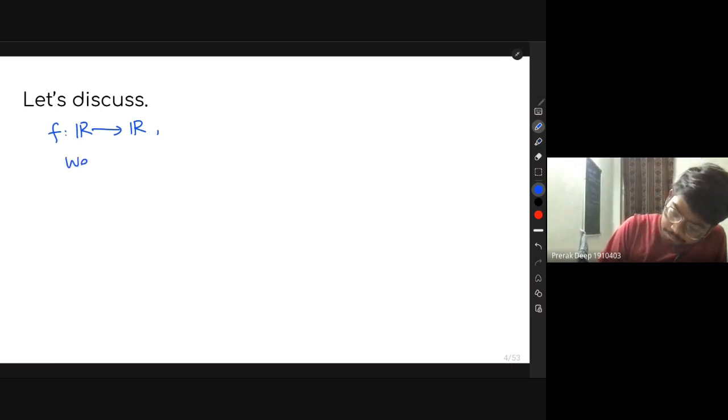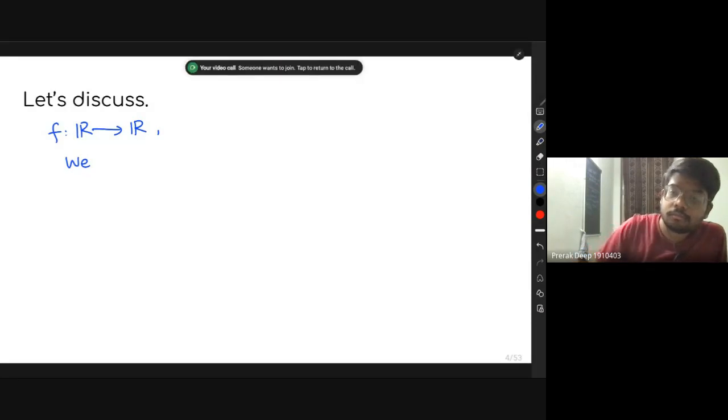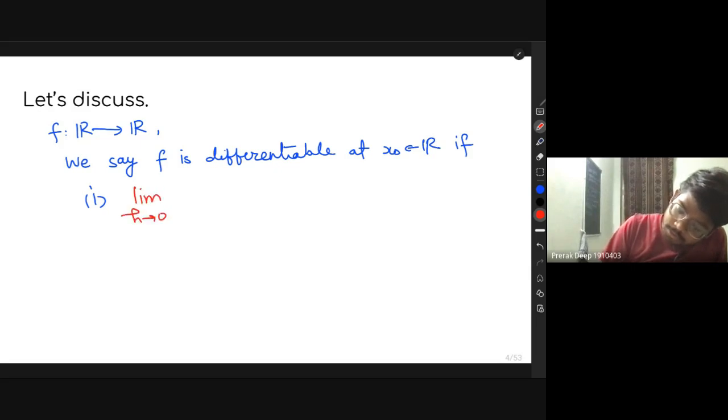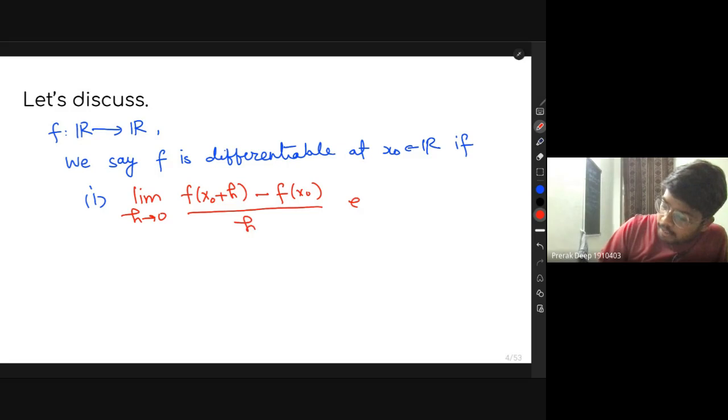We say f is differentiable at x naught in R if the following limit, as h tends to 0, of f of x naught plus h minus f of x naught divided by h, exists.